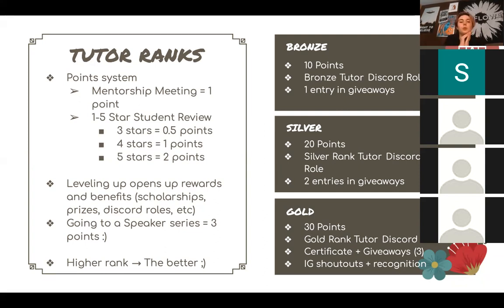And the different rewards for each rank. The first one is bronze, which is 10 points gained, just 10 mentorship meetings. Very easy to gain. It will get you the bronze tutor Discord role and 1 entry in giveaways. Silver is 20 points, and you'll get the silver rank tutor Discord role and 2 entries in giveaways.